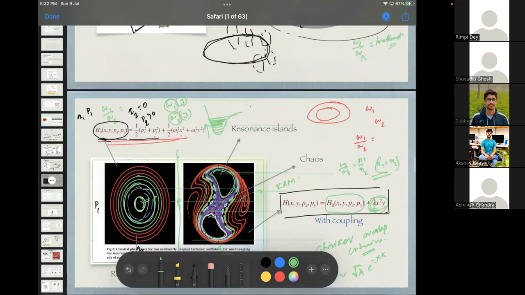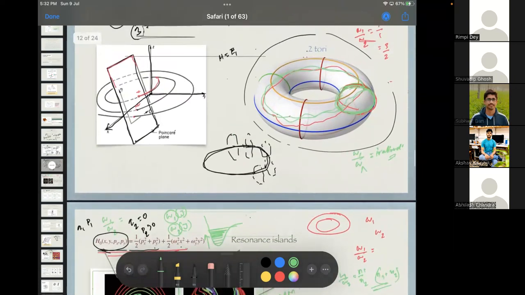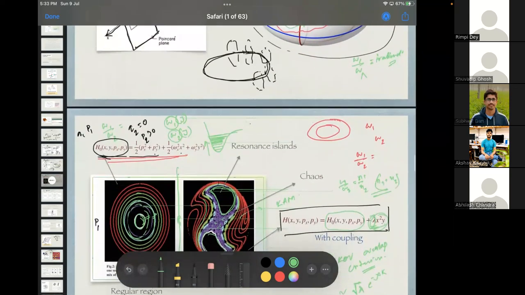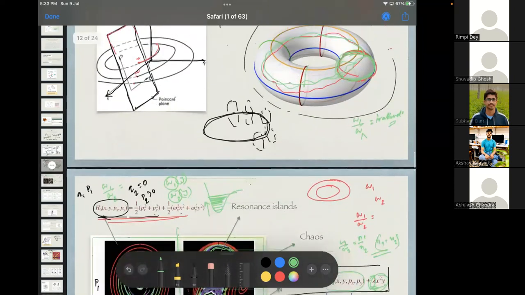For the uncoupled case, both J1 and J2 are constants of the motion. That's why you get this whole curve. But in the coupled case, this Tori starts to deform.